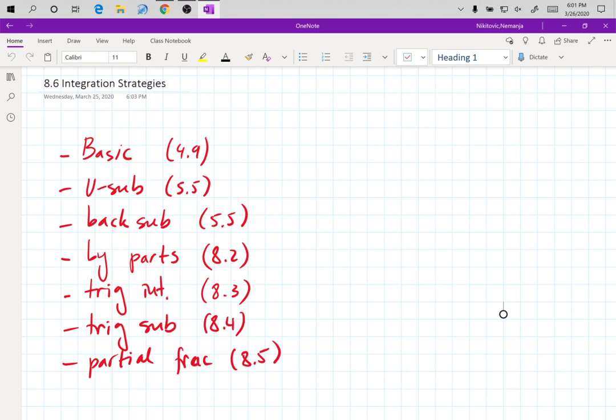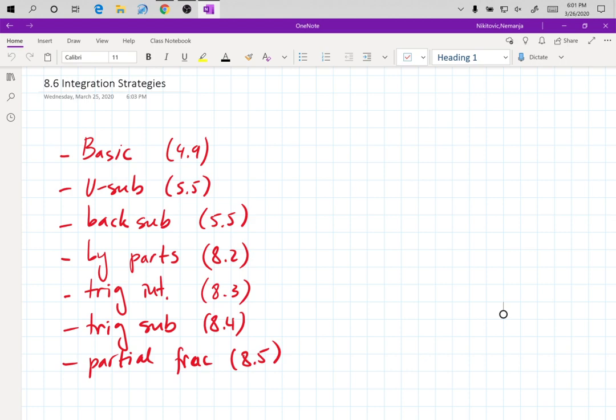All of that stuff is from Calc 2. So we are not learning new methods. All we do is we are learning how to implement these methods and how to recognize which one is which.